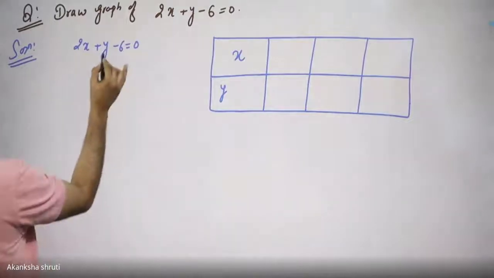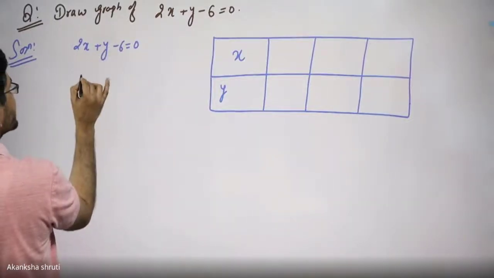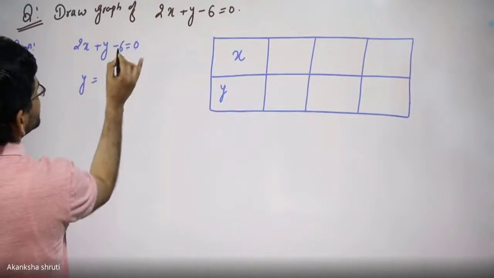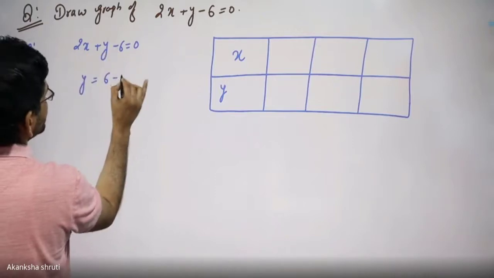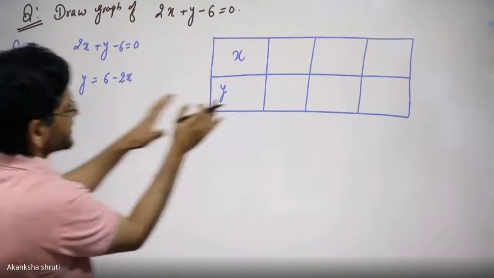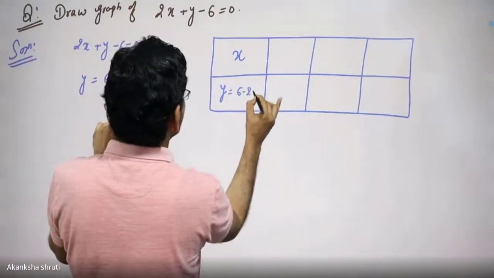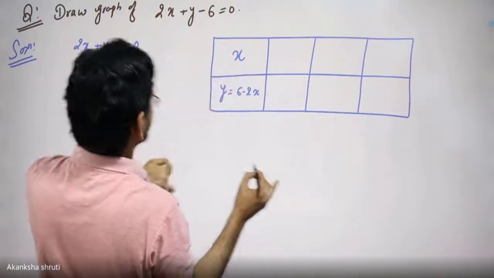Students, last day I explained that if we take y in terms of x, then it becomes more convenient. So keep y on the left hand side, send this 6 to the right hand side, it becomes positive, and 2x also goes to the right hand side and becomes negative. So this equation can be written here as y equals 6 minus 2x. Many a time y is written in terms of x like this.